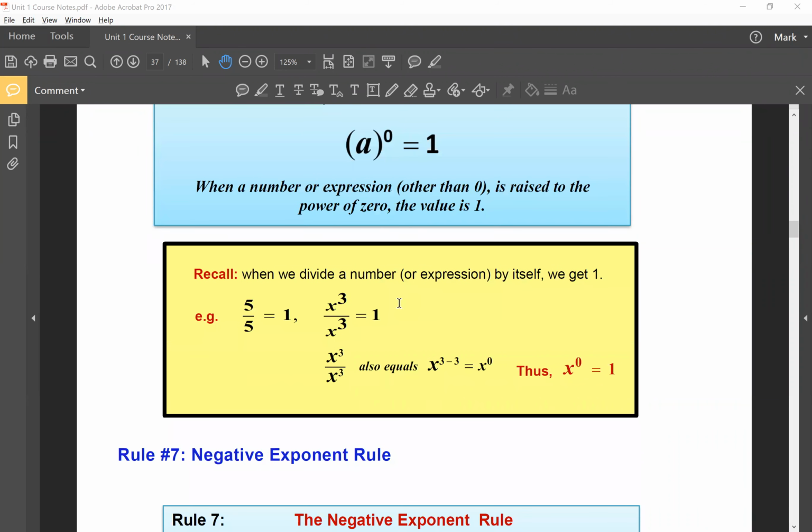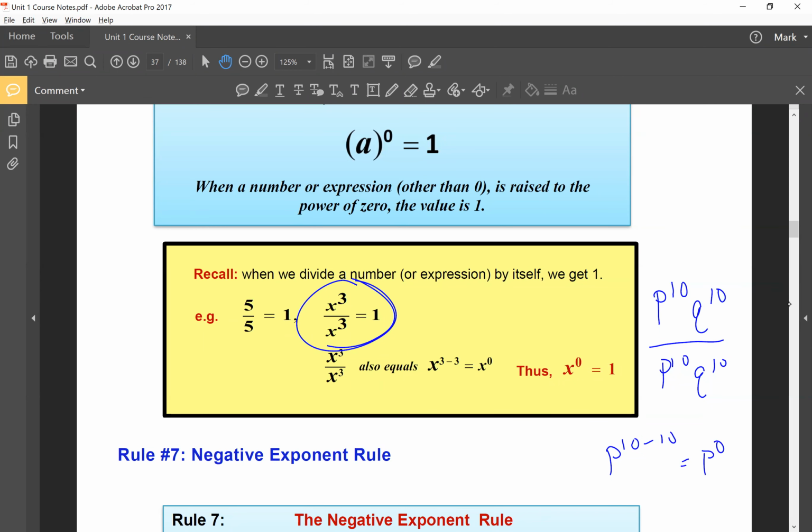We saw this earlier when we were doing that question with the P's and the Q's. I had P to the 10 Q to the 10 over P to the 10 Q to the 10. And the idea was, P to the 10 minus 10 would be P to the 0 and Q to the 10 minus 10 would be Q to the 0. Mona asked, so the answer is 1.